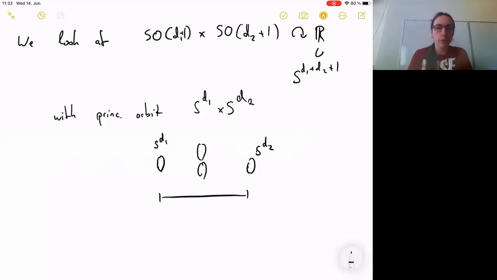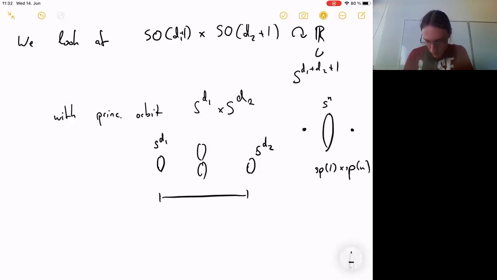These are not the only possible homogeneity 1 actions on spheres. You could also have, for example, a point on each side, and the principal orbit is a homogeneous sphere. So S^n, but not homogeneous under the full group SO(n+1), but say only SP(1) times SP(n).